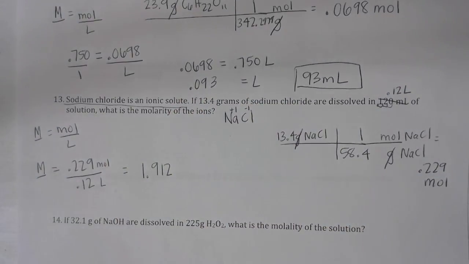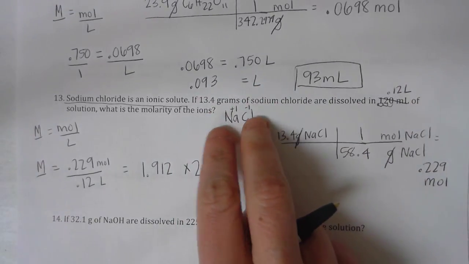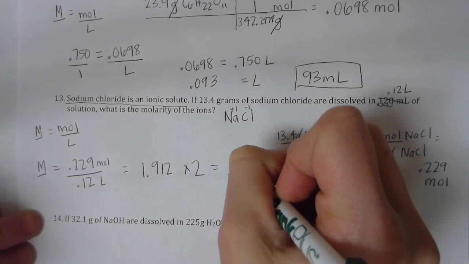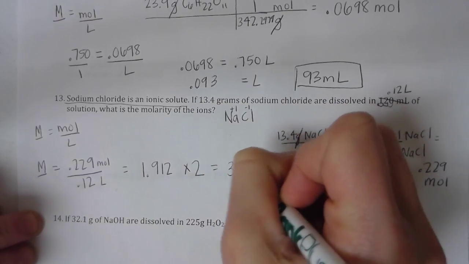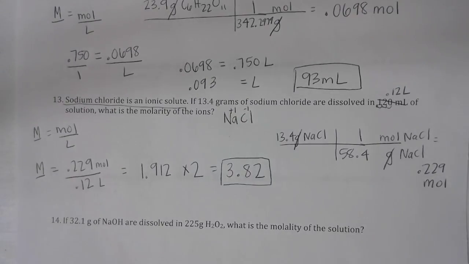Do not forget to multiply it by 2. Okay, that's why the ionic solute is important. So times 2, because I have 2 ions here, and that will give me 3.82. You should get a fairly large number if you're doing ionic solutes.